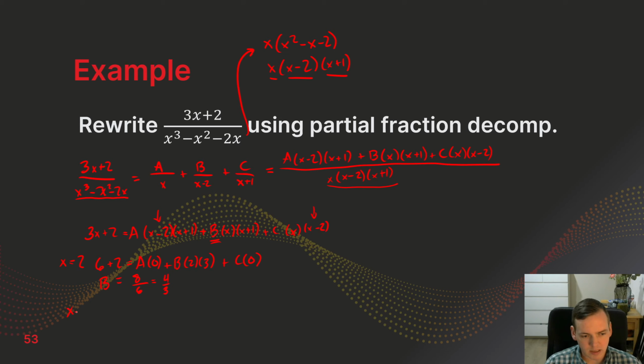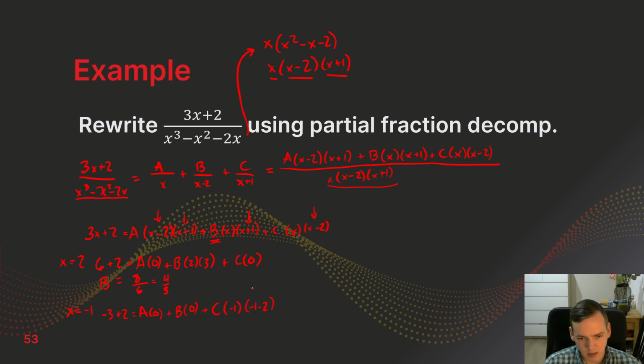Now let's get rid of this x plus 1 term. So I'm going to say x is equal to negative 1, and that will give me negative 3 plus 2 is equal to A times 0 plus B times 0, because we've got x plus 1 right here and x plus 1 right here, plus C times negative 1 times (negative 1 minus 2).